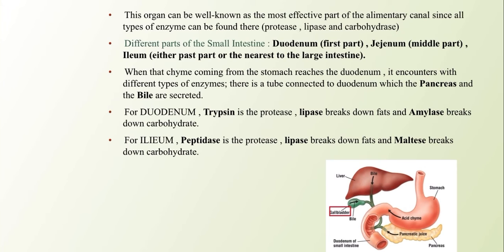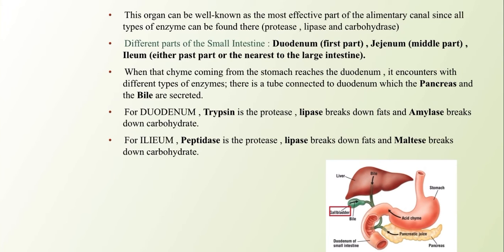That means the pancreas and the liver secrete there, and these two have different functions. And don't forget that these two organs, pancreas and liver, are not a part of the alimentary canal. In some pictures they are shown, but they are not a part of the alimentary canal, though they are really effective.